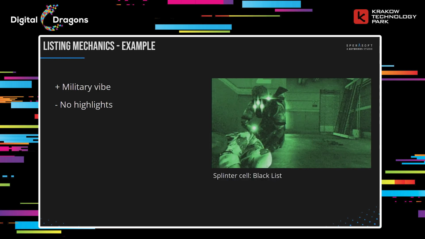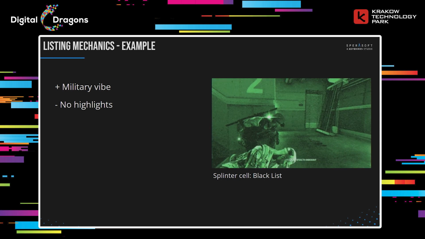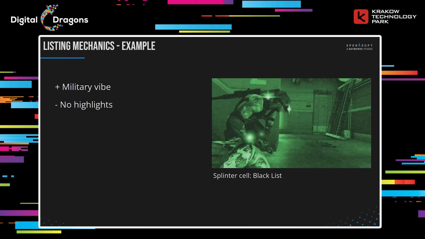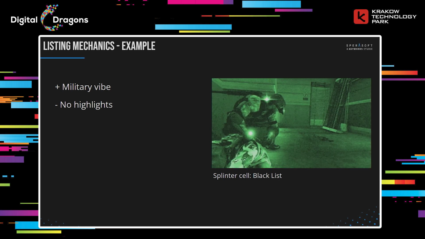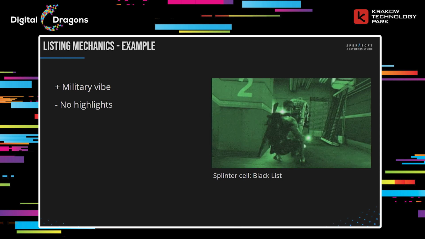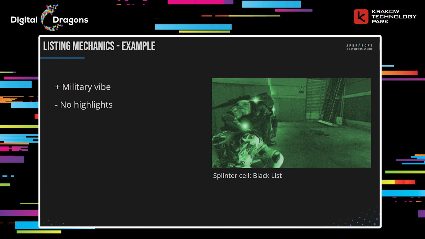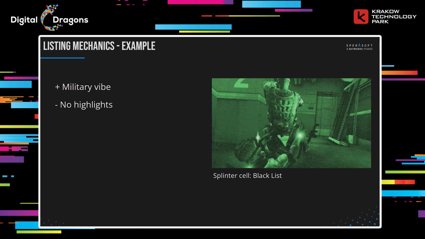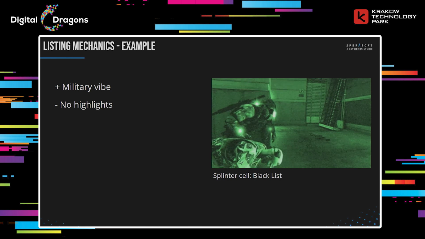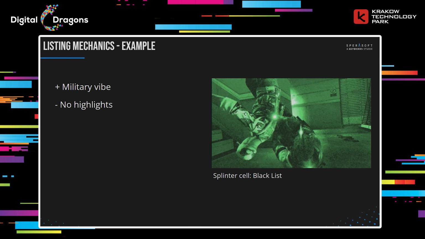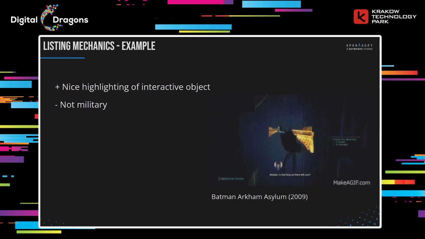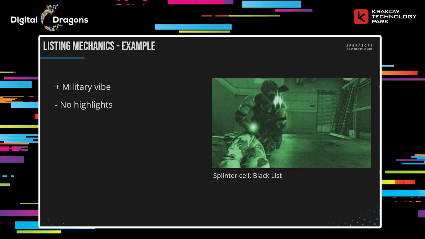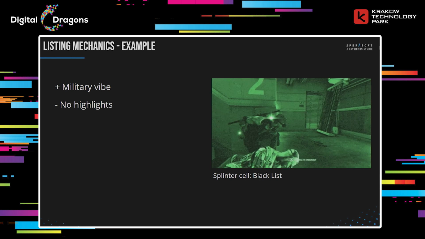Then we can see how it was done in Splinter Cell. Splinter Cell has the military vibe that we are looking for, all the greenish light, but it doesn't highlight the enemies that we are fighting during night mode. If we got only those two references and we are providing them to the programmer, for example, then we just add a comment with the pluses and minuses: here we have this nice highlight, and here we have this nice military vibe that we are going to use.